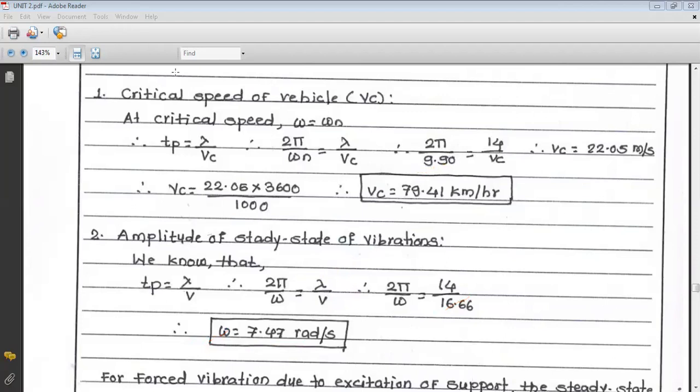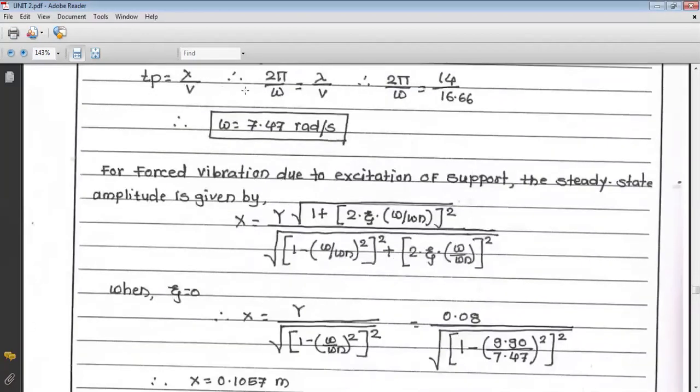So x is equal to y times square root of 1 plus 2 zeta omega upon omega n whole bracket square, divided by square root of 1 minus omega upon omega n square whole bracket square plus 2 zeta omega upon omega n whole bracket square. Now in this condition no damping factor is given. So we take the value of zeta as 0, and then this term vanishes. Square root of 1 becomes 1 and this is y.